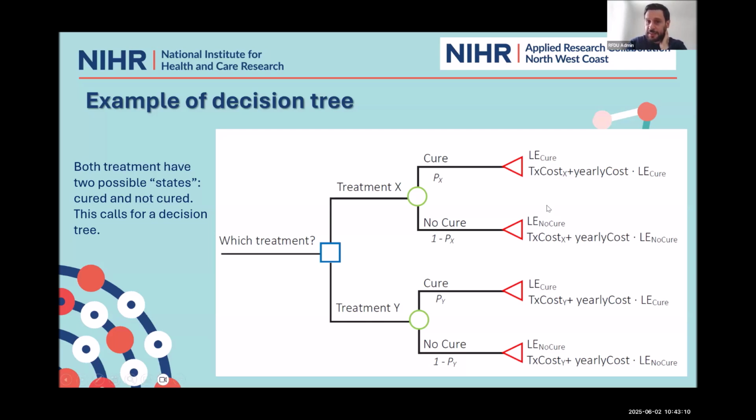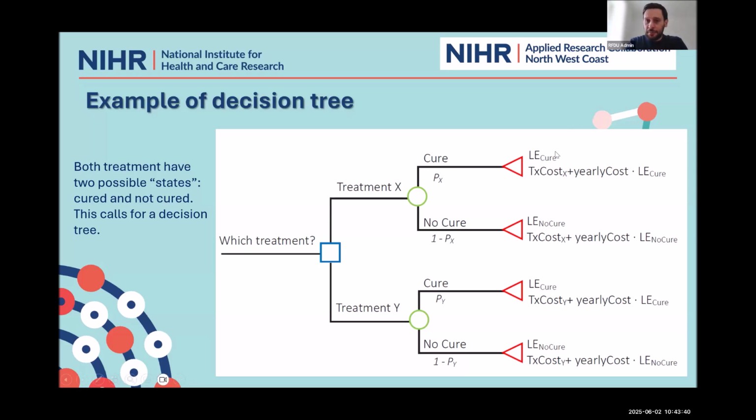So there will be different life expectancy attached to the outcome of your treatment. Now, here we are considering things in terms of life expectancy, so we could have other outcomes, for example, QALYs, or reduction in blood pressure if you're looking at hypertension. So we are trying to simplify things here just by looking at life years gained and life expectancy.